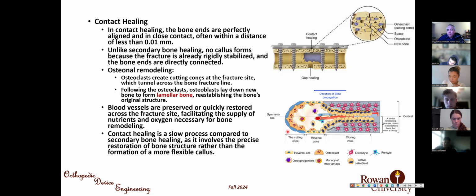These small units formed by osteoclasts at the head and osteoblasts following them are called cutting cones. They cut through the bone and create the osteons.